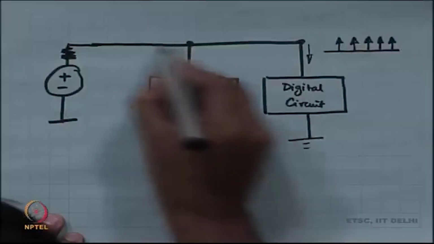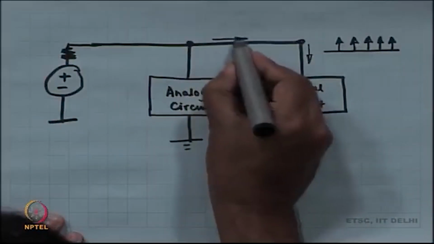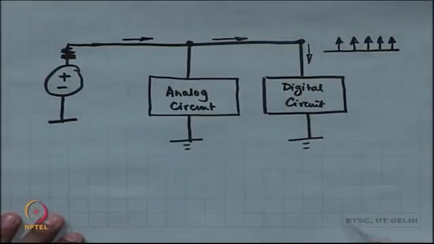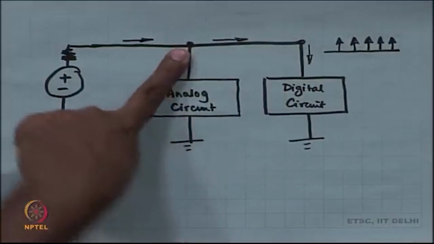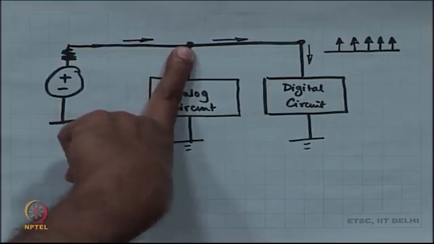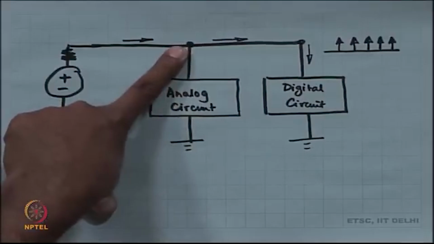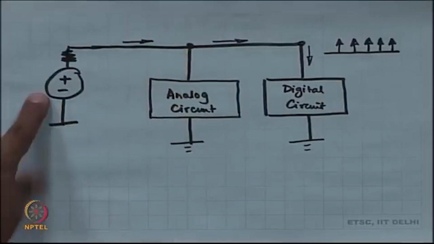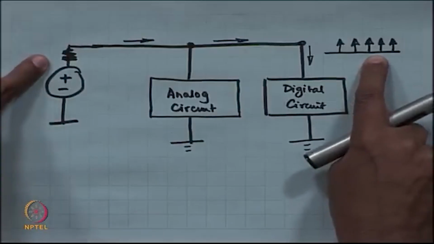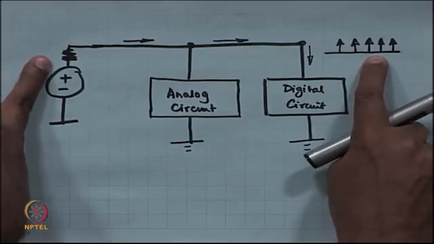Now, what is going to happen? This current is going to be drawn. The voltage that you see over here is going to look like the original battery voltage minus those impulses times this resistance.